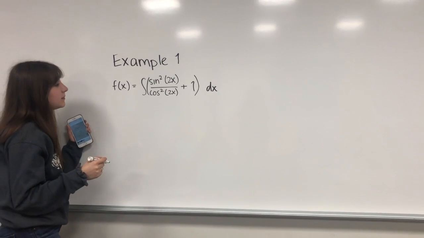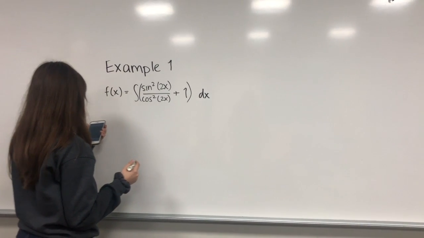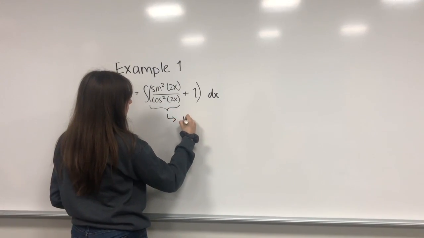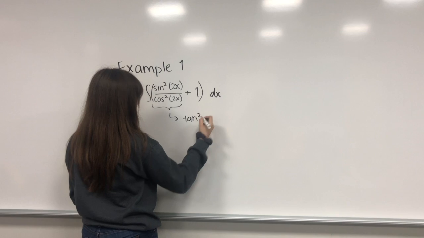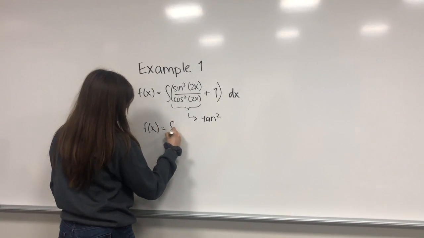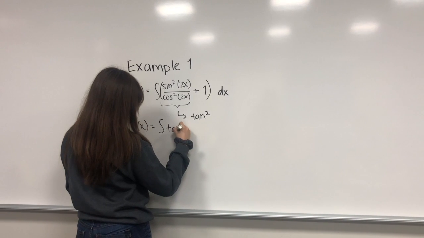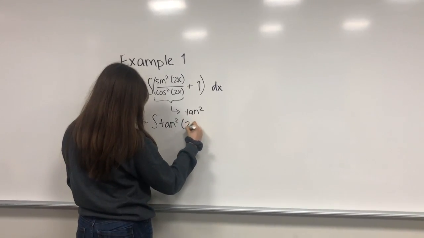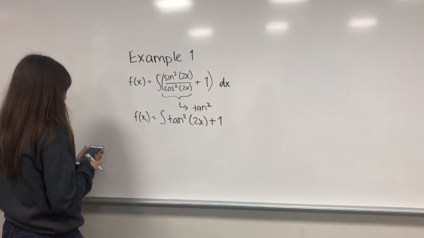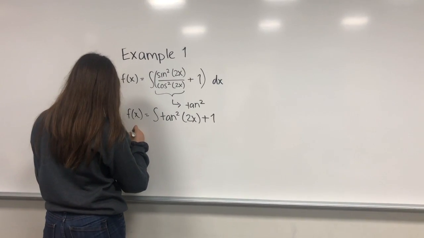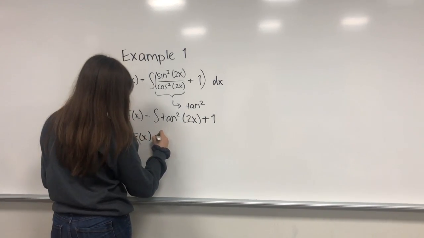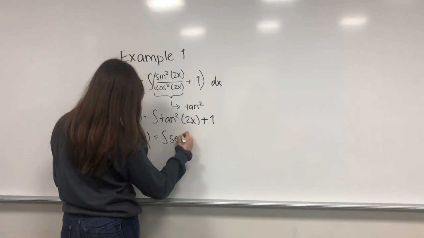In this first example, we're going to solve the following equation. Sine over cosine has a trigonometric identity of tan squared. So we have to evaluate for tan. And then in this equation, now we can find the antiderivative, which is secant squared.